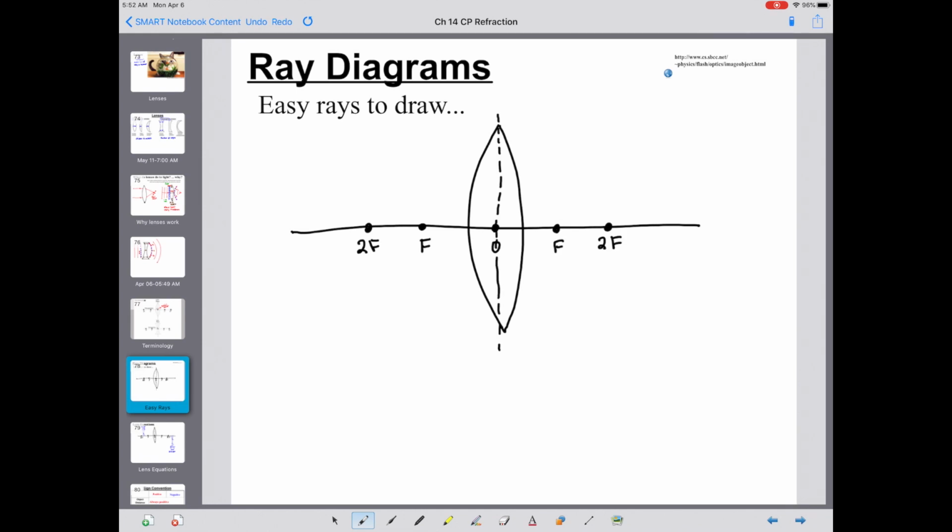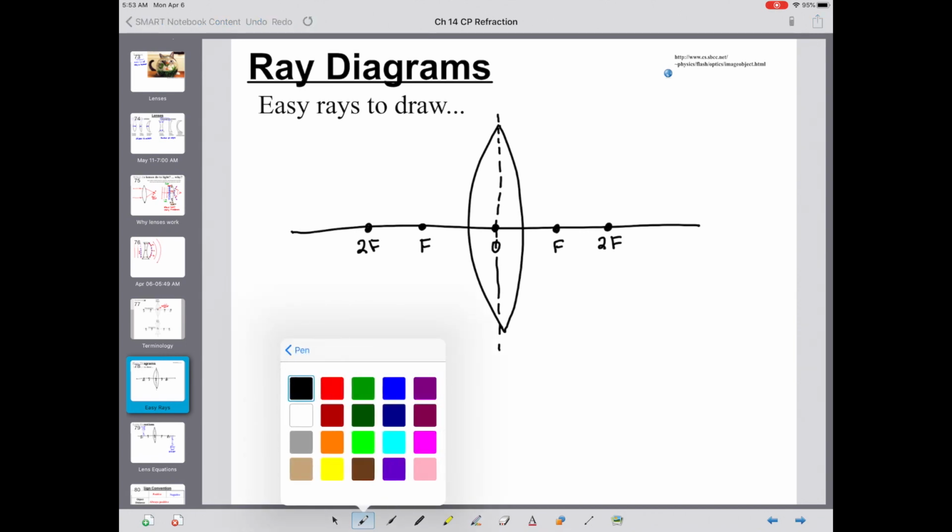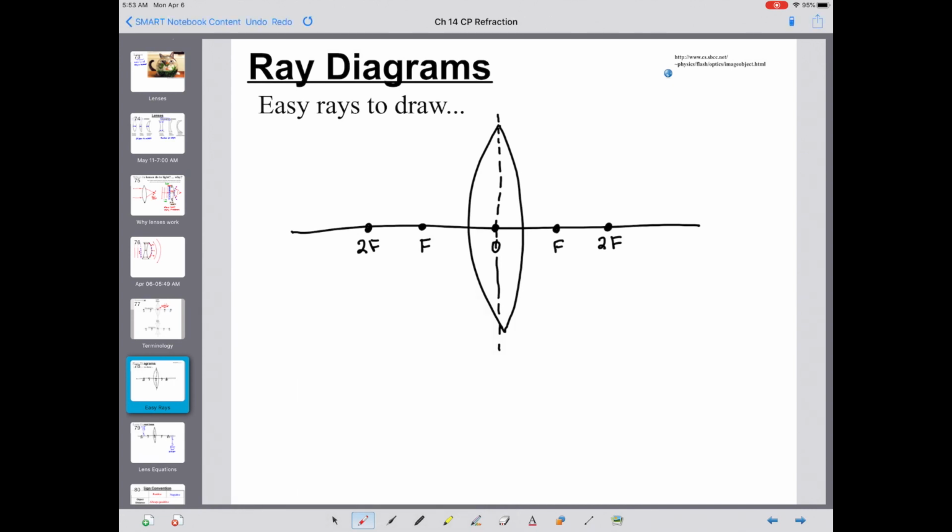There are an infinite number of rays that come off of an object, usually by reflection unless it's producing light. So there are some rays that you have to use multiple calculations of Snell's law, and some rays that are easy to predict where they go. And so I'm going to draw a light source, and we can imagine an infinite number of rays coming off of that light source. Now we're going to follow a few particular rays.